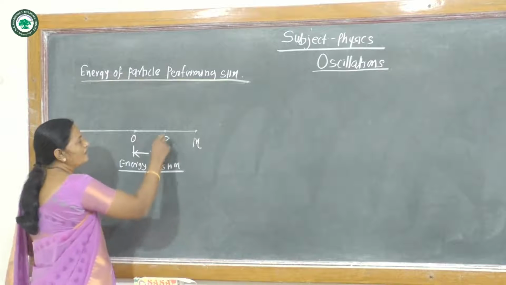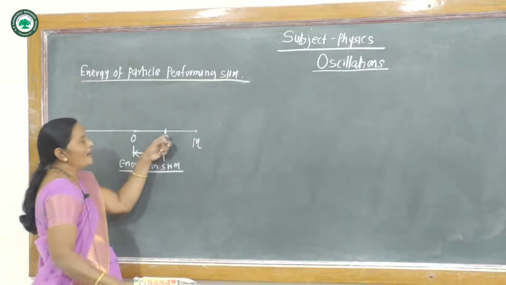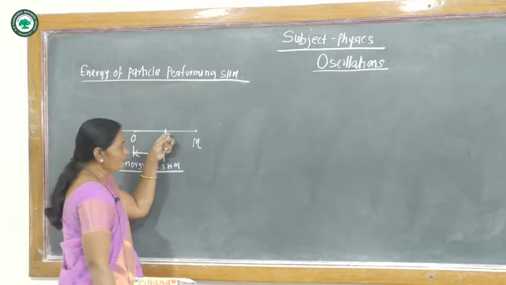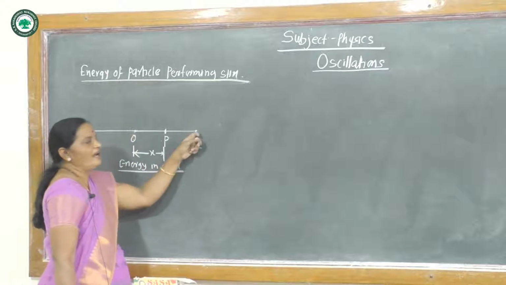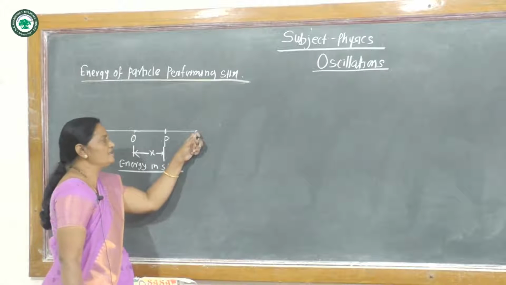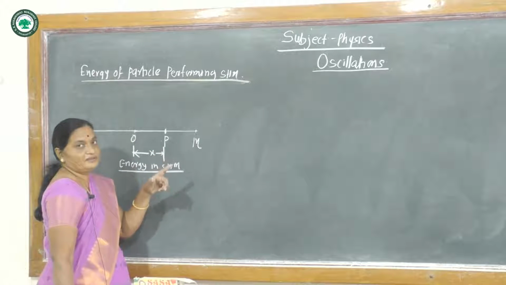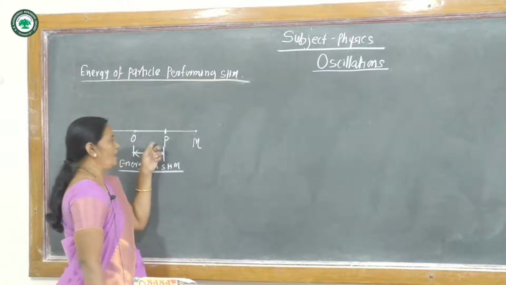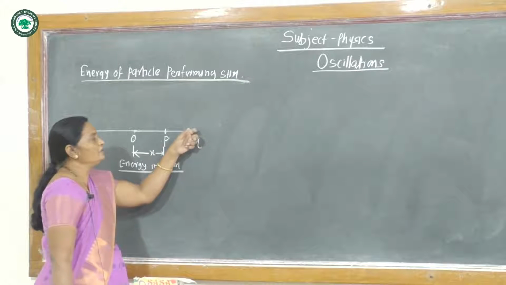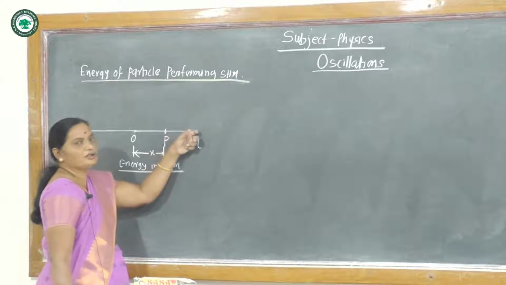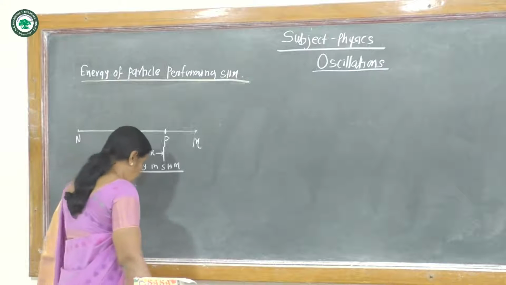Here we consider the particle at point P. We find the energy at point P. At the mean position the velocity is maximum, at the extreme position the velocity is minimum. Here the particle has a velocity, therefore there is kinetic energy. Now suppose the particle is at the extreme position, the restoring force acts on it and it has potential energy.